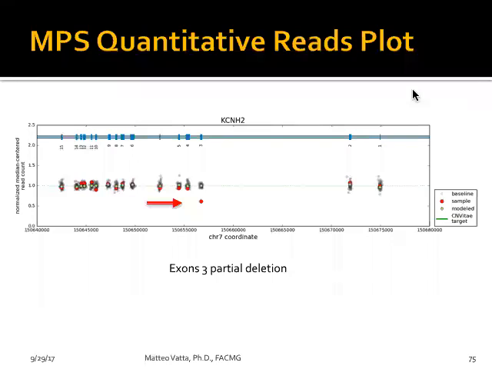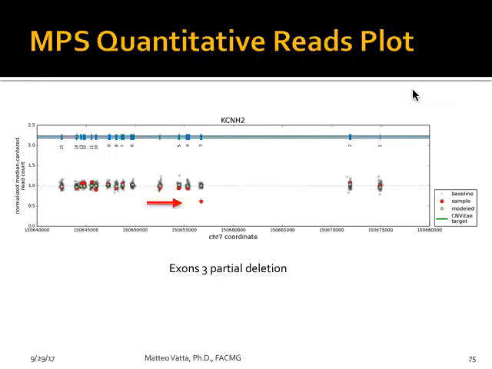So you can create quantitative read plots where you can detect whether there is half the amount of signal of coverage that you would expect for a certain gene. So this is an autosome, this is KCNH2, a potassium channel gene.